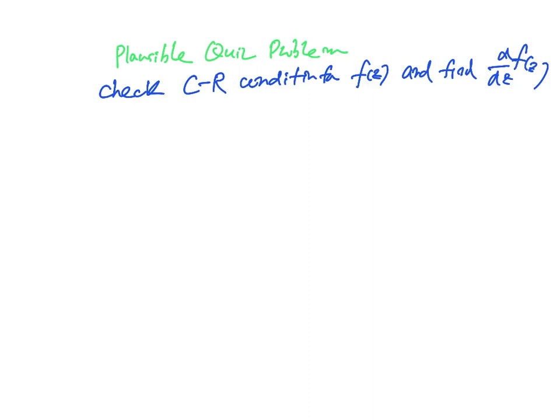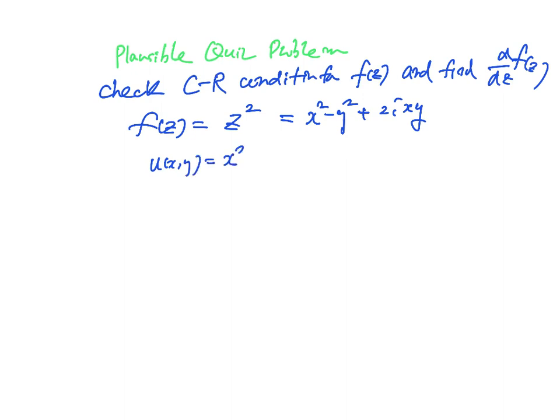Say f(z) is the easiest case, z squared. Whether this function is differentiable or not. x squared minus y squared plus 2ixy, right? So in this case, u(x, y) is x squared minus y squared, v(x, y) is 2xy, right? So Cauchy-Riemann condition, you have to memorize this. Partial x partial u is 2x.